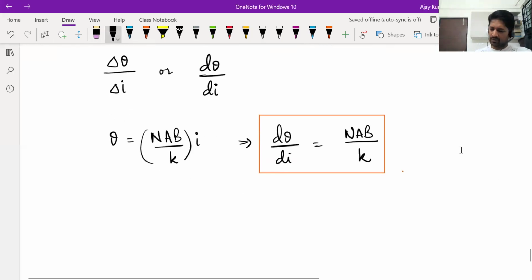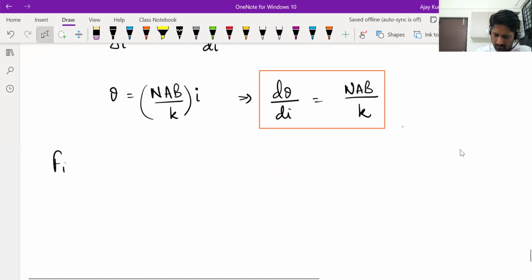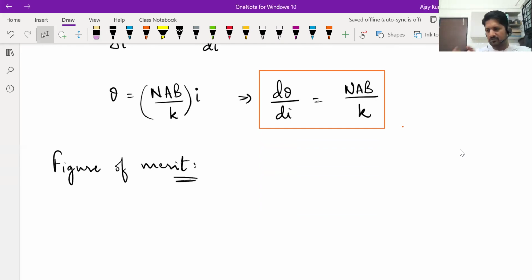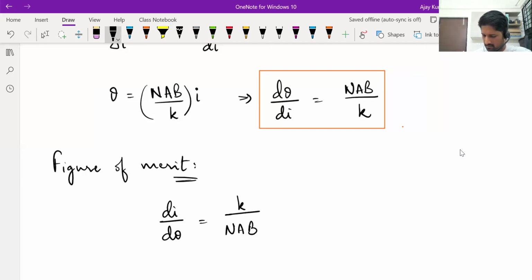Then there is something called figure of merit of a galvanometer. It is just the inverse of current sensitivity, dI by d theta, which becomes K divided by NAB. Current per unit deflection, that is what we call figure of merit. So remember, they are reciprocals of each other.